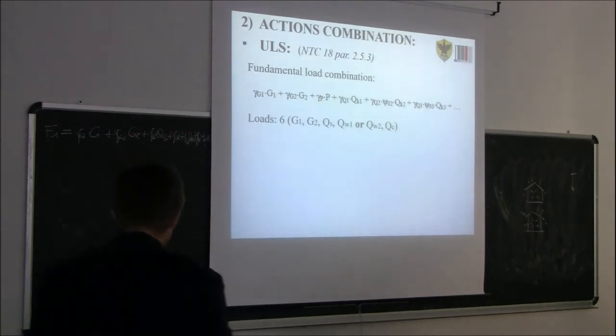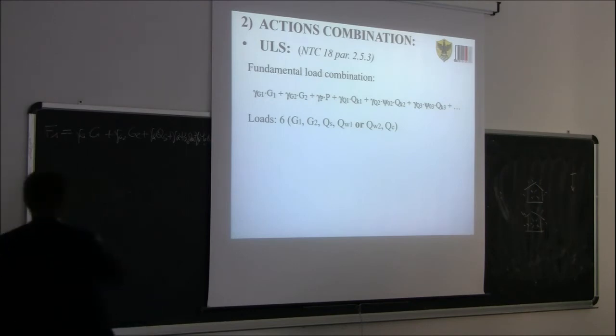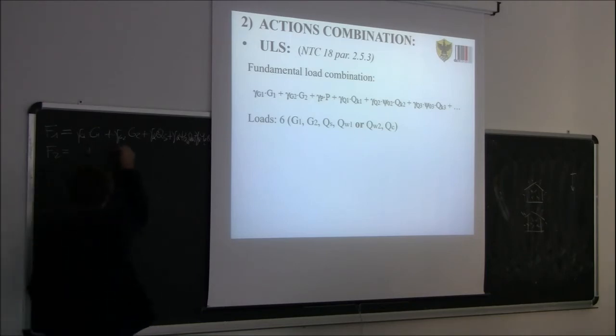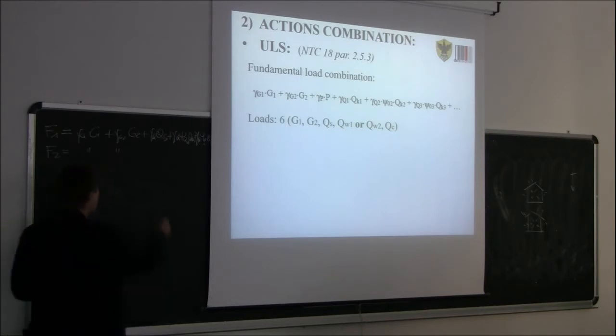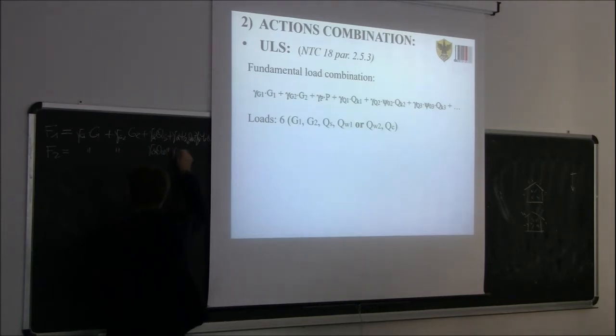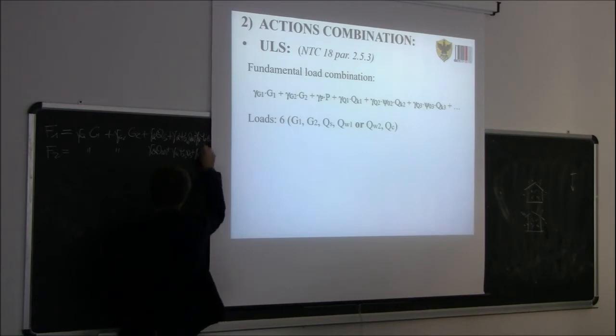Then the second one, F2 equals. First part, the same, so we can do it this way. Then QW1, for example, plus gamma Q psi 0S QS, plus gamma Q psi 0C QC.